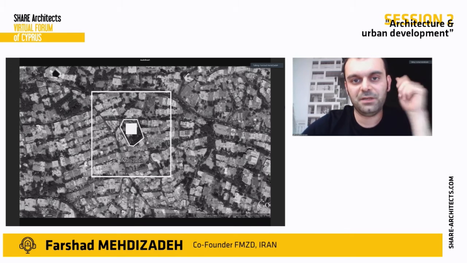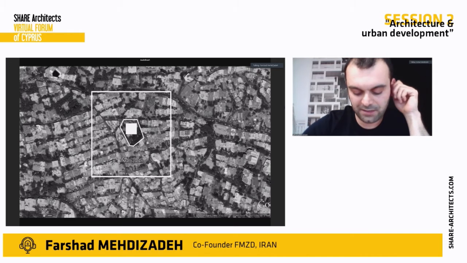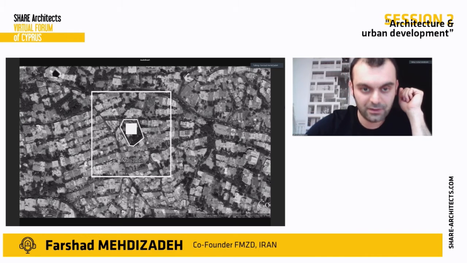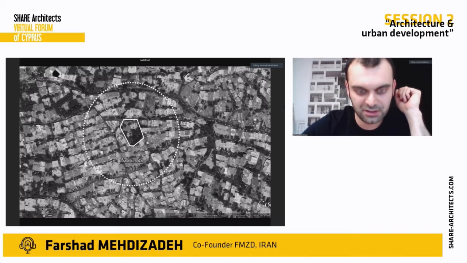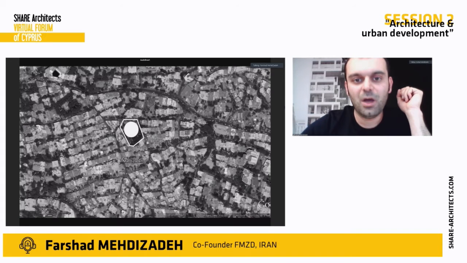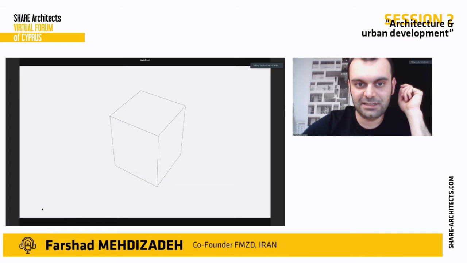But because of the context and surrounding residential fabric, we thought that what we propose shouldn't have a direction. So that's why we used the cylinder shape as a strategy.